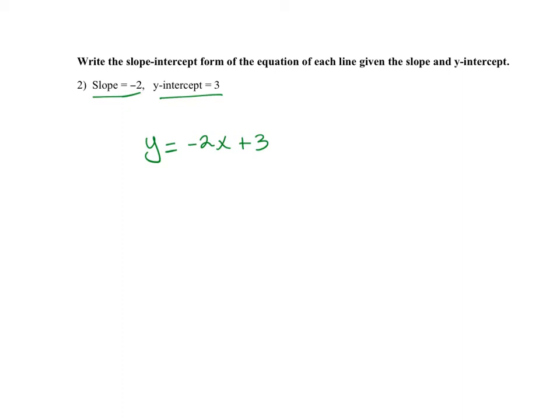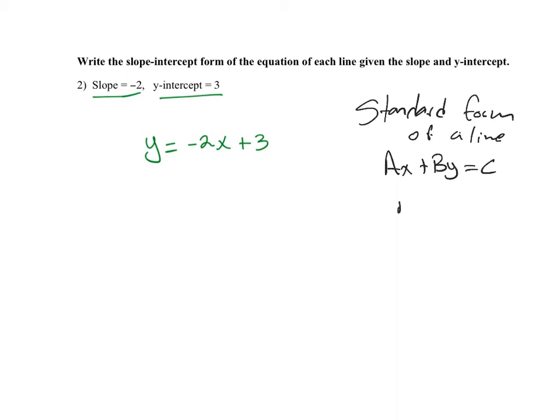I can also write the standard form. So the standard form of a line is ax plus by equals c, where a, b, and c are integers, and where a is going to be greater than 0, so it's going to be positive.